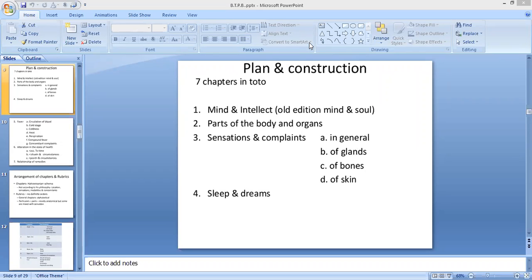As there are very few rubrics related to mind in this repertory, many homeopaths have criticized the lack of mental symptoms listed therein.